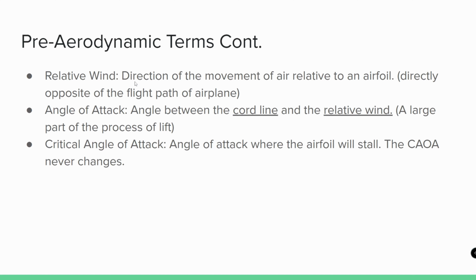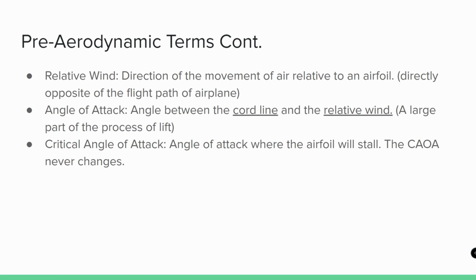Okay, so we discussed the relative wind as the direction of the movement of the air relative to the airfoil, directly opposite the flight path, which we talked about. The angle of attack is the angle between the chord line and the relative wind, and it's a major component in the process of lift. Now the critical angle of attack, it's the angle of attack where the wing or an airfoil will stall. It never changes.